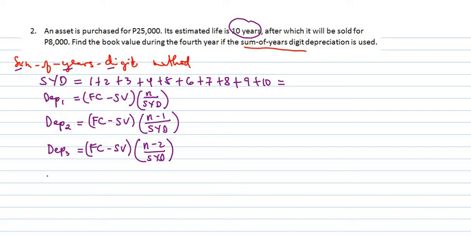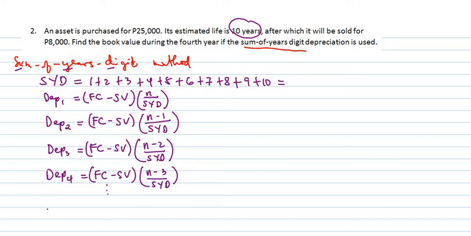And then the fourth annual depreciation is the first cost minus the salvage value multiplied by n minus 3 over SYD, and so on. So whatever year, that is its depreciation.